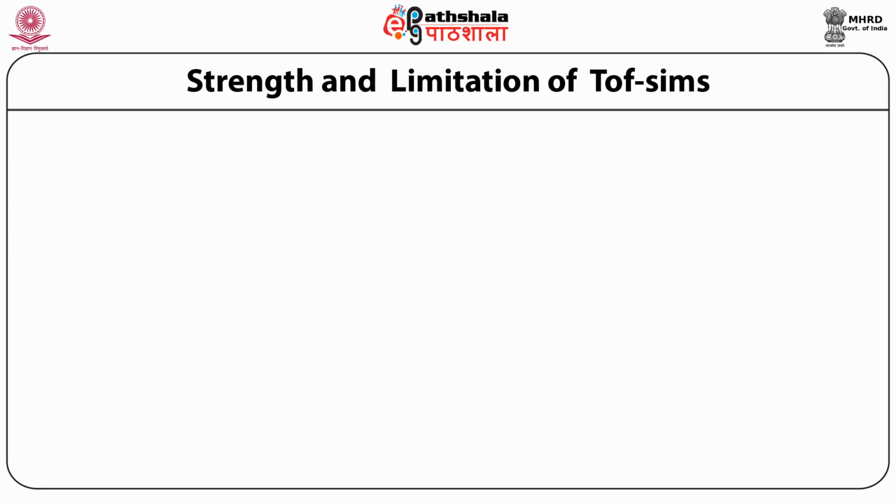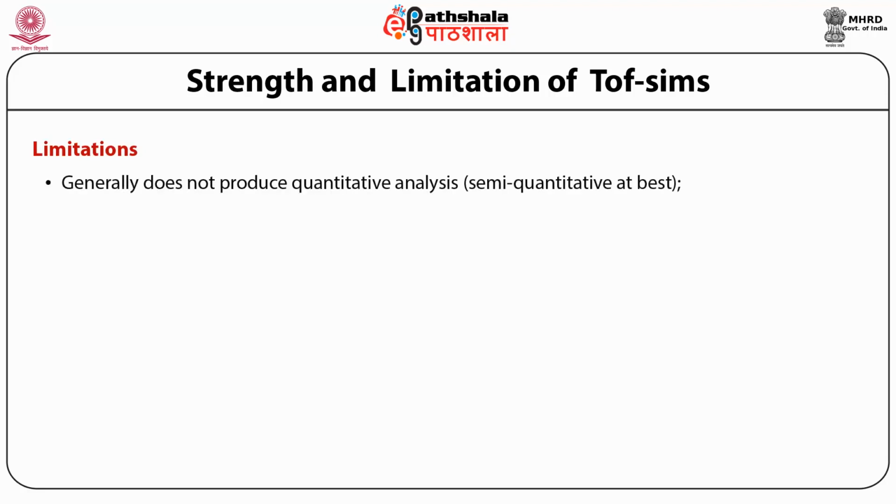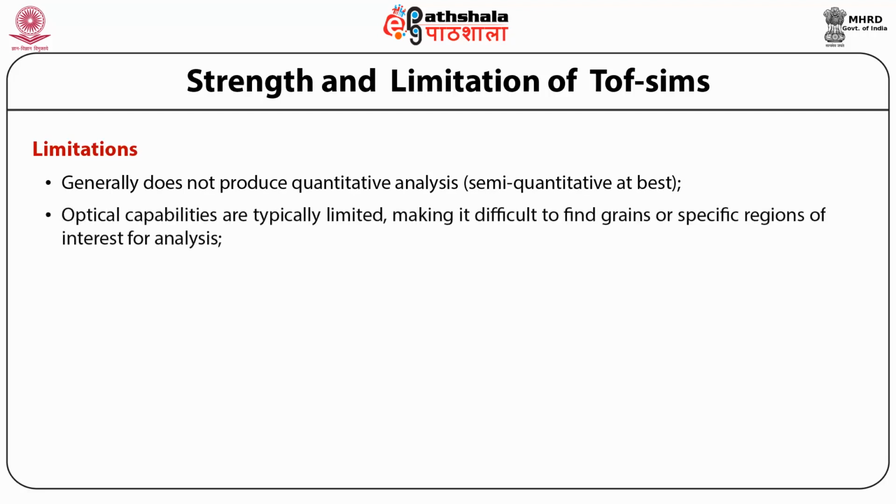Now we will talk about the limitations. This technique generally does not produce quantitative analysis, that is, it is semi-quantitative at best. Optical capabilities are typically limited, making it difficult to find grains or specific regions of interest for analysis.